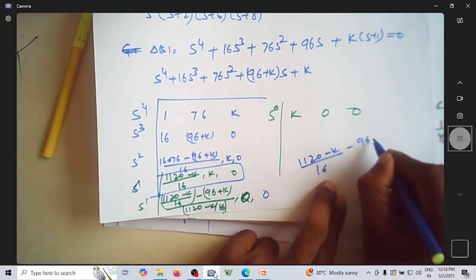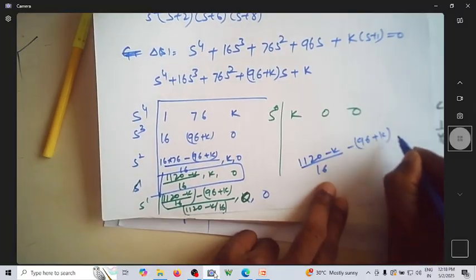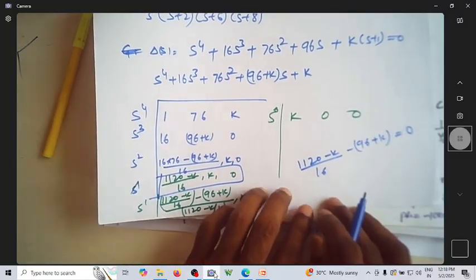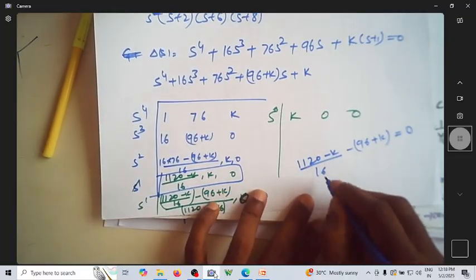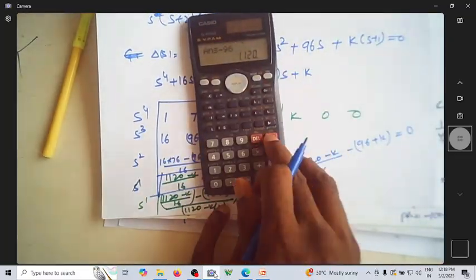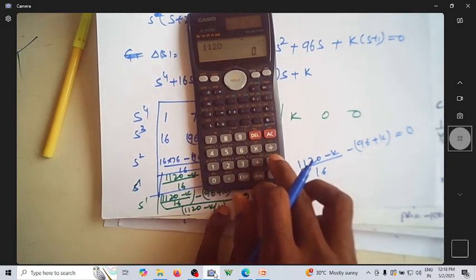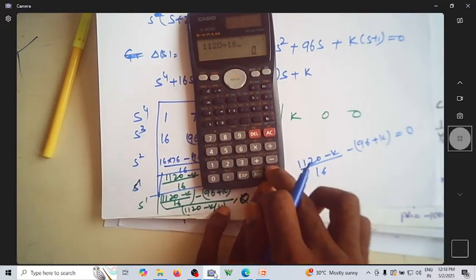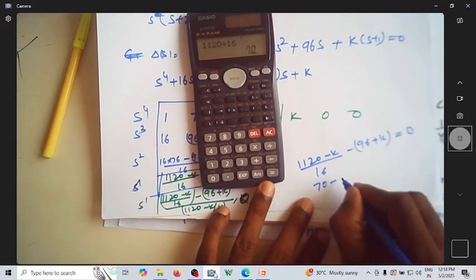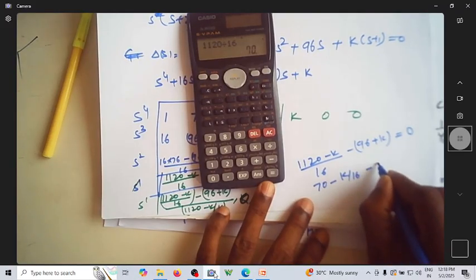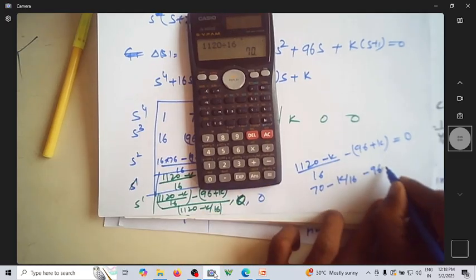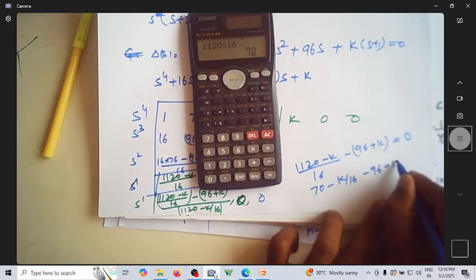Minus 96 plus K. When will this become 0? So can I just simplify this? What is this now? 1120 divided by 16 is 70, minus K by 16, minus 96, minus K equal to 0.